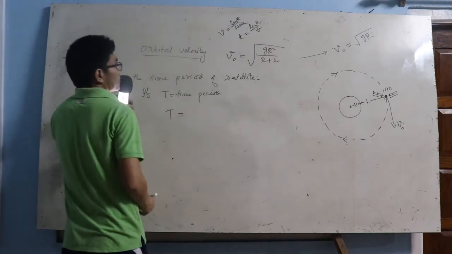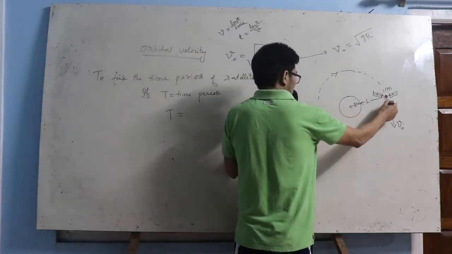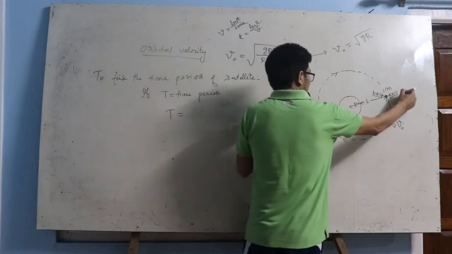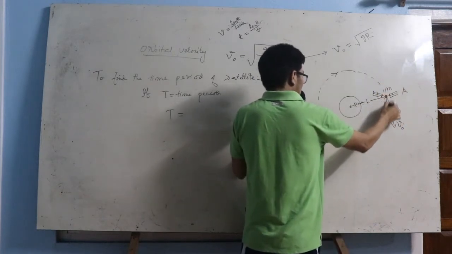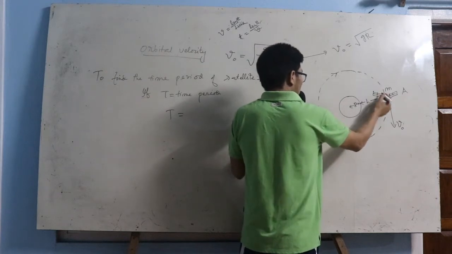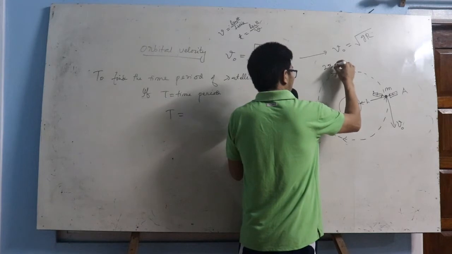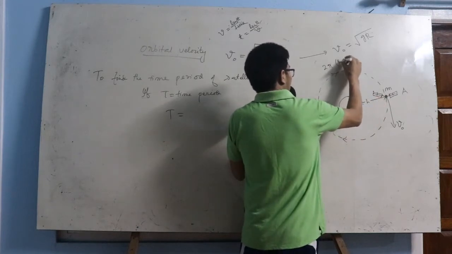So T is going to be equal to length. Length means the whole distance traveled by the satellite. So this is the starting point, come back again to this point. So the whole length of the circle should be twice pi r, radius, but in our case the radius is R plus h here.